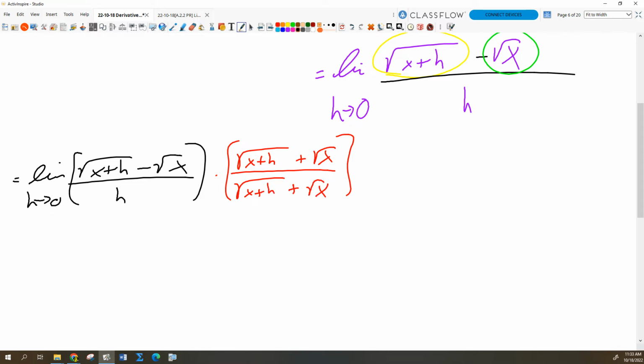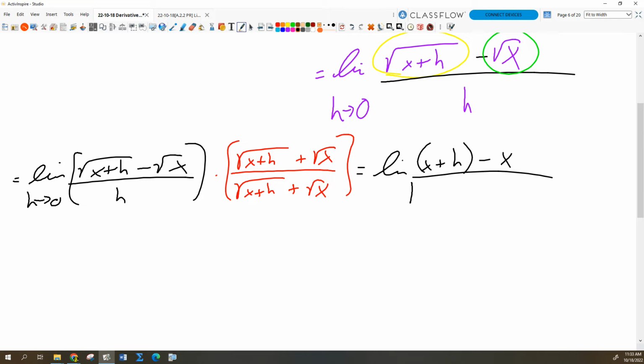Okay, so what's that going to give me? On the top, what do I get? Limit of what? Good, I get square root of x plus h squared, which undoes the square root, right? So I get x plus h minus x. There you go. And on the bottom, I just get all that junk, right?